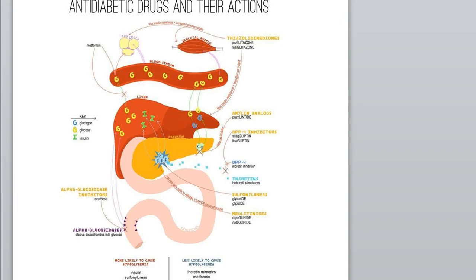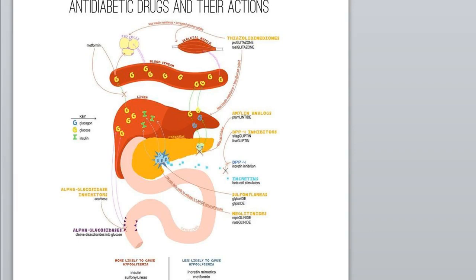How this works is, usually when a patient is first diagnosed with type 2 diabetes, they first assess their lifestyle. Many times, because the type 2 diabetics fit that profile of metabolic syndrome, a lot of them are overweight and obese.